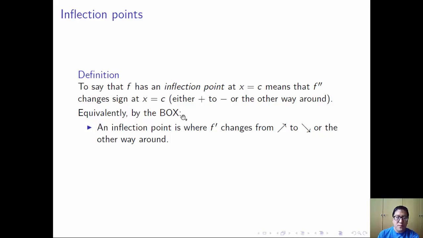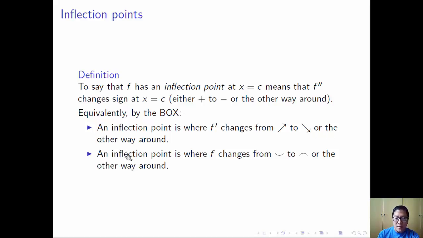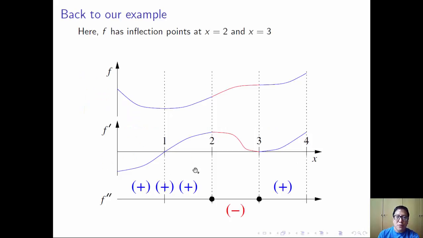And again, going to the right-hand side of the box, an inflection point is also where f changes from concave up to concave down, or the other way around. So returning to our example, we can see that because the colors that we've chosen change at x equals 2 and x equals 3 from blue to red, f has inflection points at x equals 2 and x equals 3.